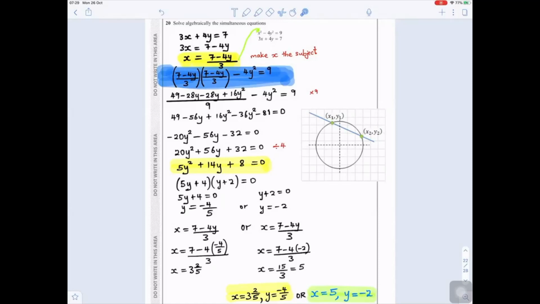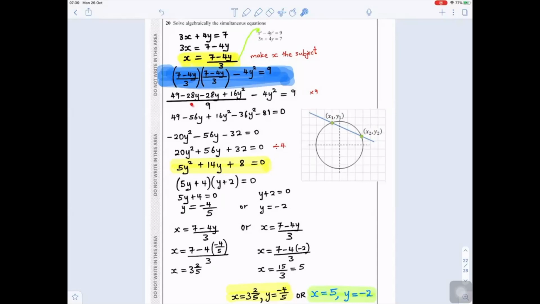To solve it, we expand, we multiply that first to remove the brackets. So we use the first, outer, inner, last method. 7 times 7 is 49. 7 times minus 4y is minus 28y, minus 28y, minus 4y times minus 4y is plus 16y squared, divided by 3 times 3 is 9, minus 4y squared equals 9.